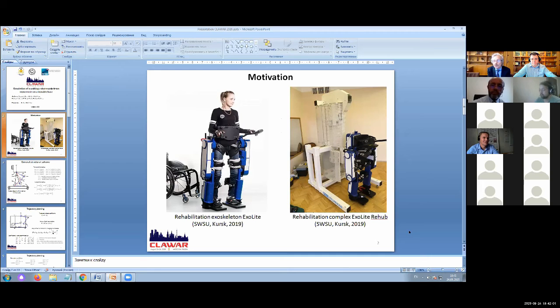At the beginning of your presentation, you showed two types of exoskeletons. Were these exoskeletons implemented physically, or is it only a conceptual design, a conceptual model?